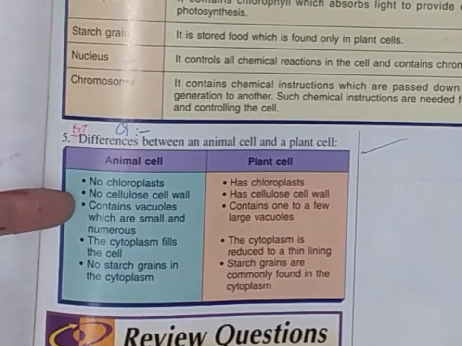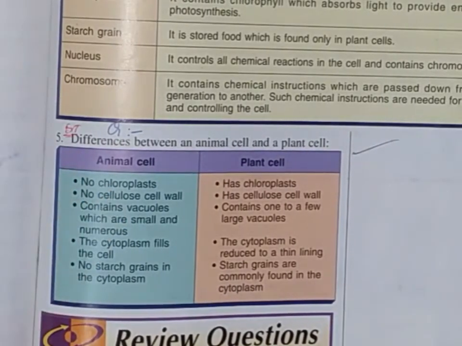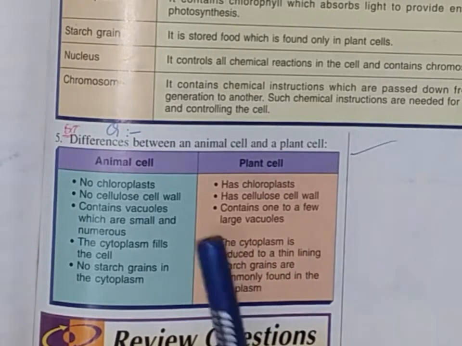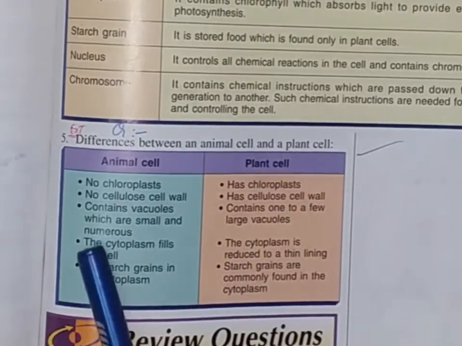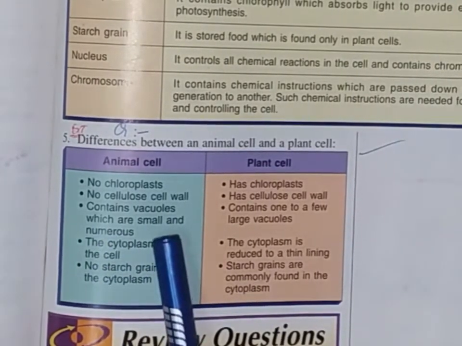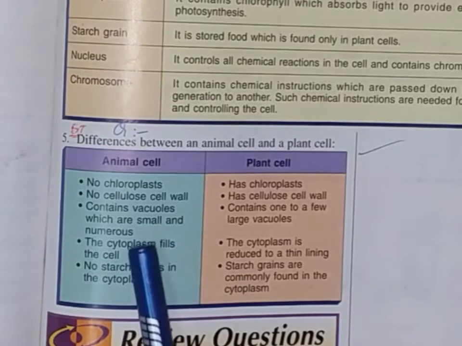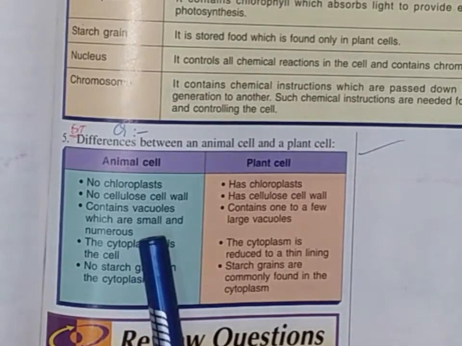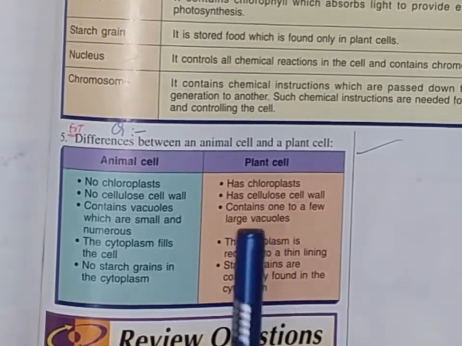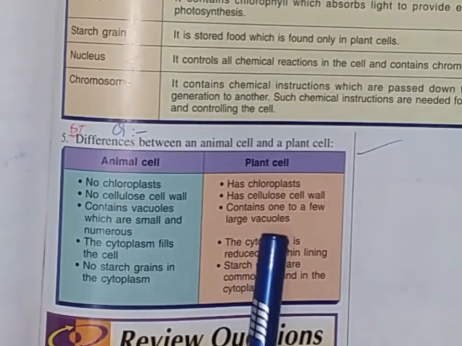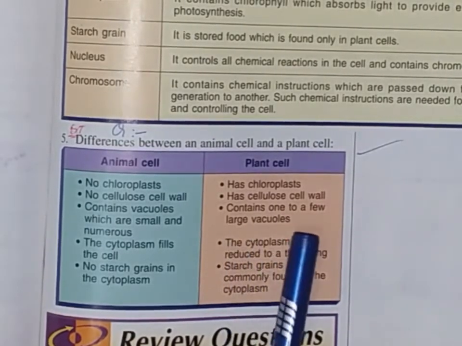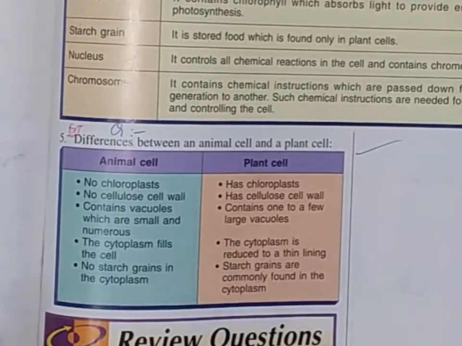In animal cell, cellulose cell wall is absent, only the cell membrane is present. In plant cell, it has cellulose cell wall. Number third, contains vacuoles which are small and numerous. In animal cell, many small vacuoles are present. And in plant cell, there is a single vacuole inside the cell, and it occupies all the space, containing one to few large vacuoles.